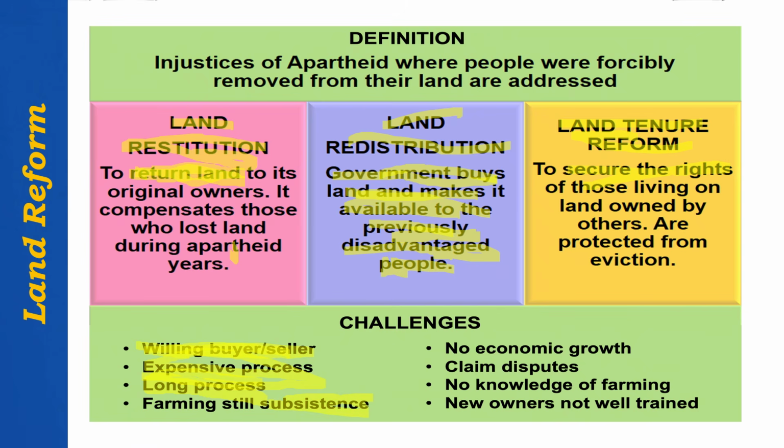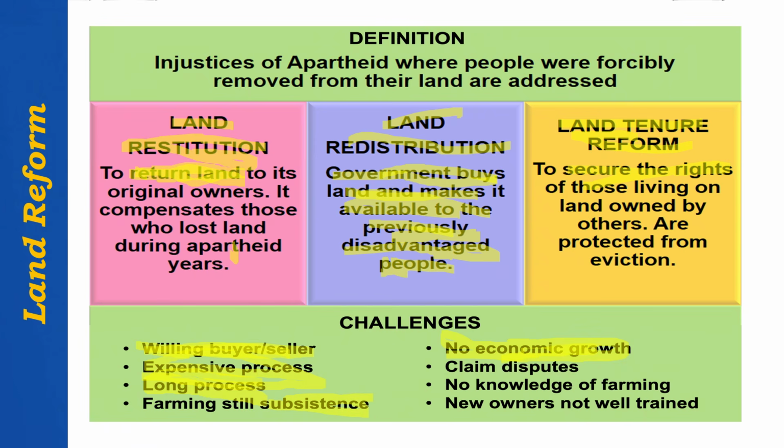So obviously, as a government, they want more commercial farming, which is farming for a profit, which improves the economic growth of a country. One of the problems with providing people with land is that they remain subsistence farmers and don't shift to commercial farming. So that leads to no economic growth. If giving you back the land is going to lead to a decline in the economy, now that's a challenge, it's a problem.